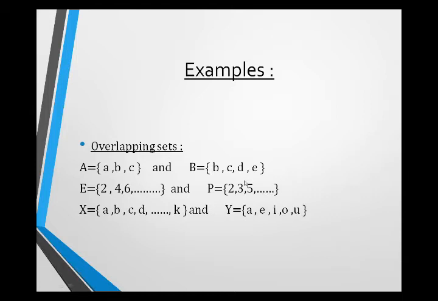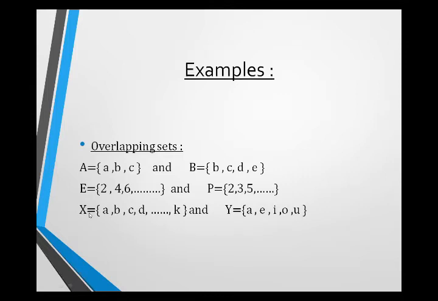If we compare the even numbers and the prime numbers, they are overlapping sets. Why are they overlapping sets? Because 2 is common in both sets. 2 is the number which is common in both sets. So here, students, is another example of overlapping sets.